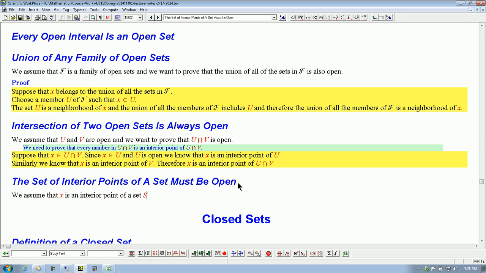I actually think that I'm not saying this nicely, because I want to prove that the set of interior points of S is open. So I think I better give it a name, otherwise my writing is going to be very cumbersome.